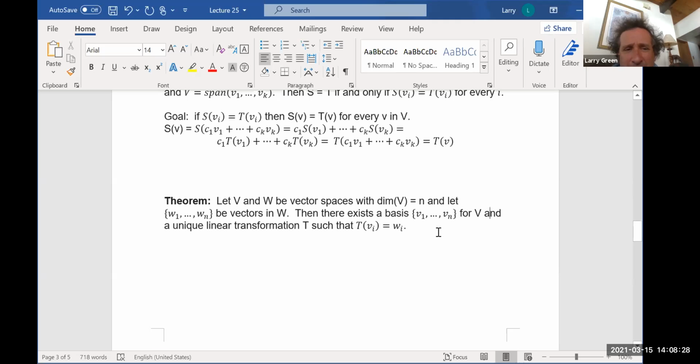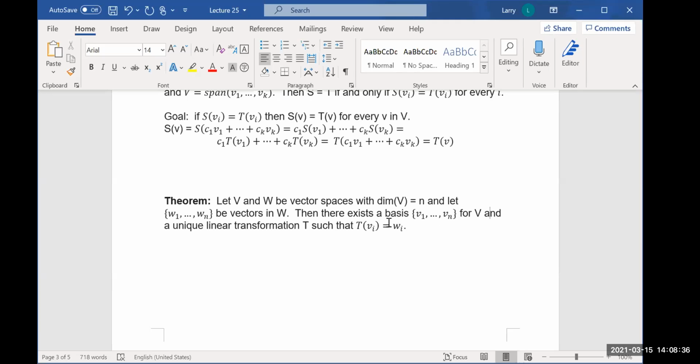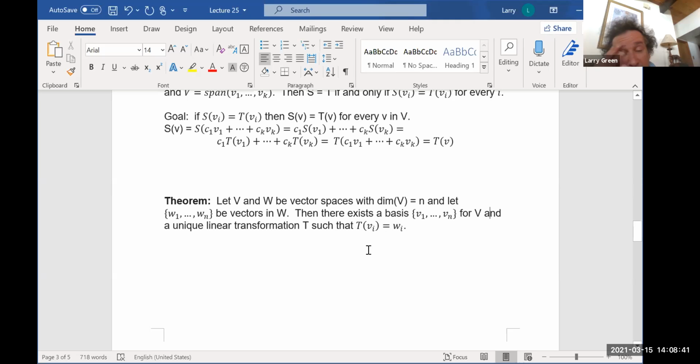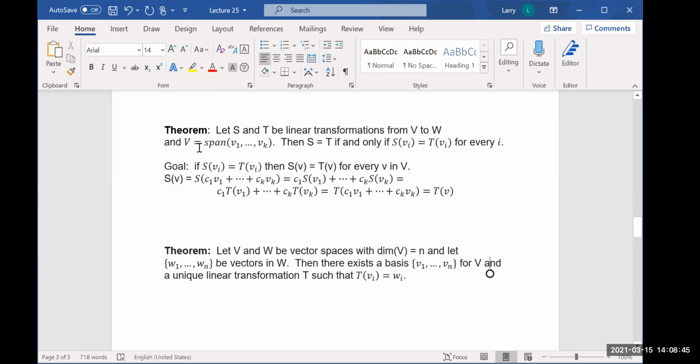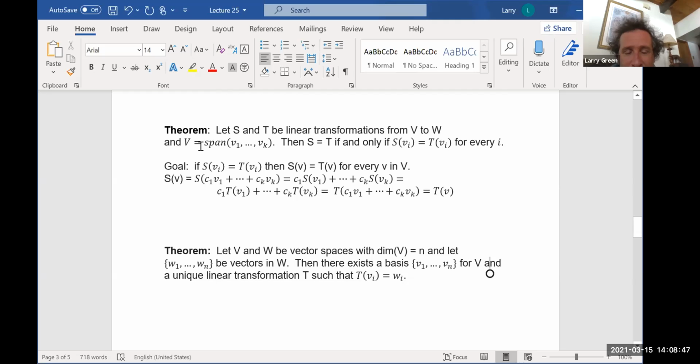And why must it be unique? Because that's what we're trying to prove. Because it's a basis, so we can use the theorem above. A basis always spans V, by definition.